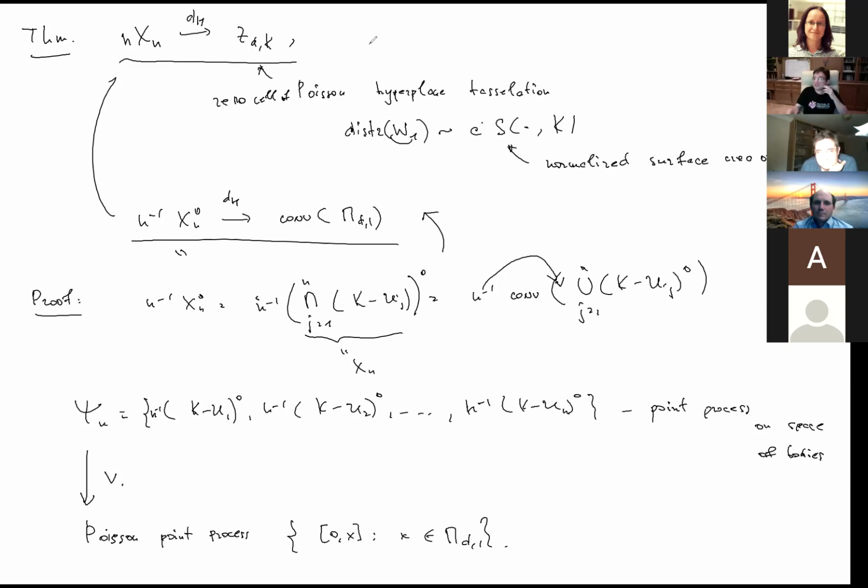Oh, okay, I see. So you mean a kind of functional convergence, right? Functional convergence in the sense that we take as an argument an arbitrary set and intersect with this set. Exactly, yes.